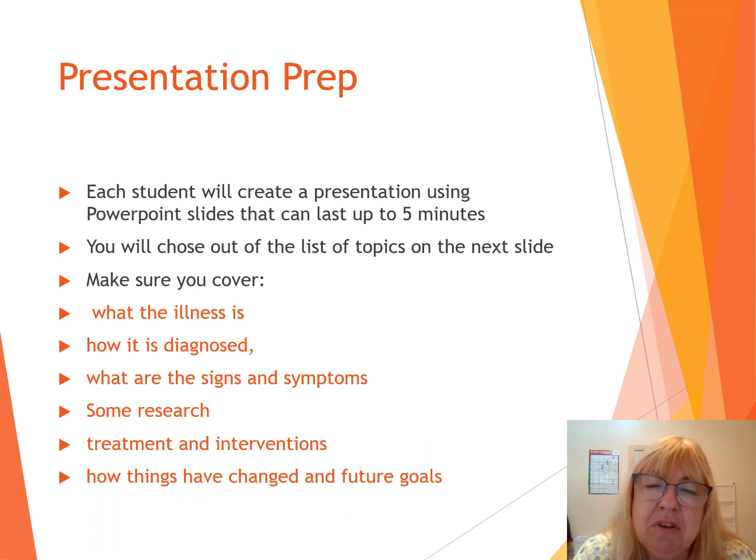How things have changed. If it's an illness that's been around for a long time, such as heart disease, what's changed over the years? Anything you can find out, and that's to do with you reading a bit wider. Looking at the history of heart disease, for example, that's moved on.